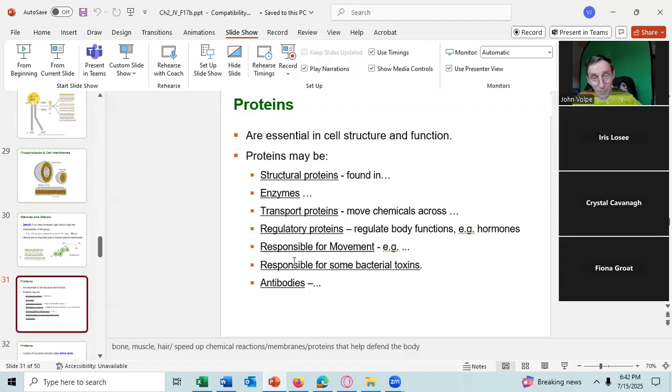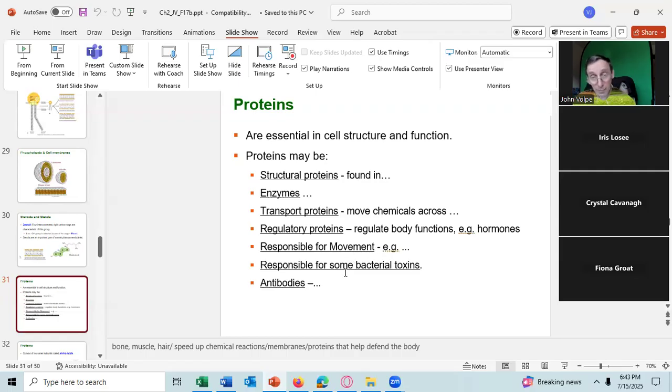So all movement is by protein, both an animal like the walking or the flying for a bird, or the swimming of a bacteria from the flagella moving.